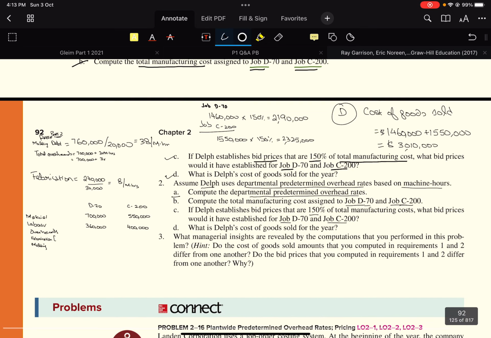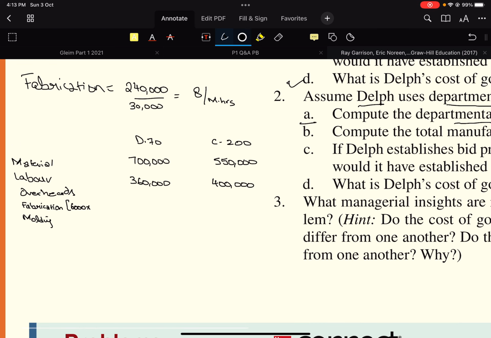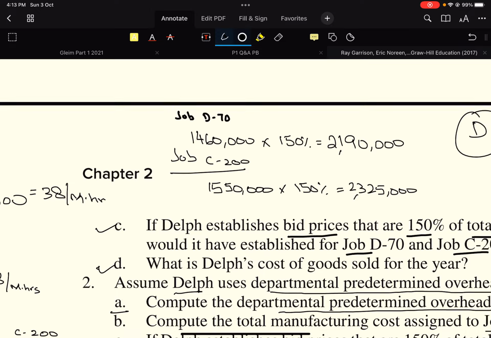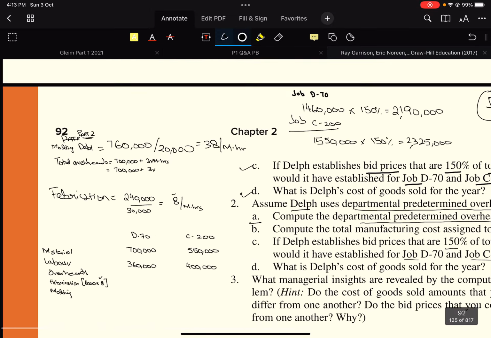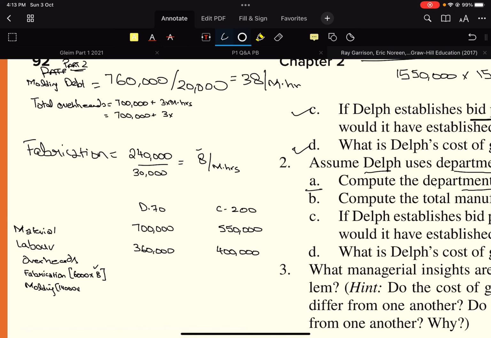Fabrication has 6,000 hours. Rate of fabrication is 8. For molding, it's 14,000 multiplied by the molding rate of 38.